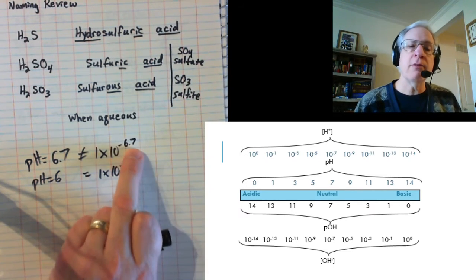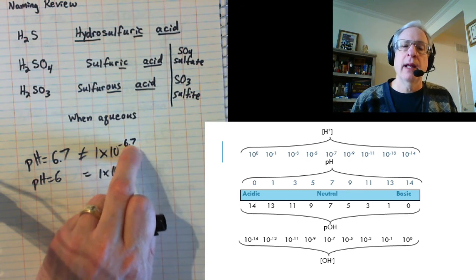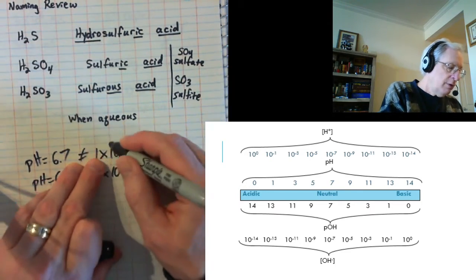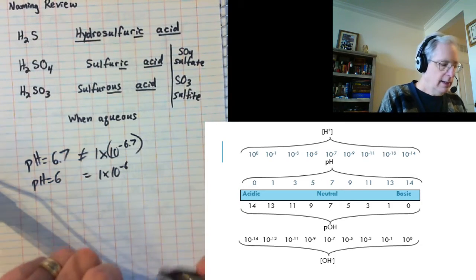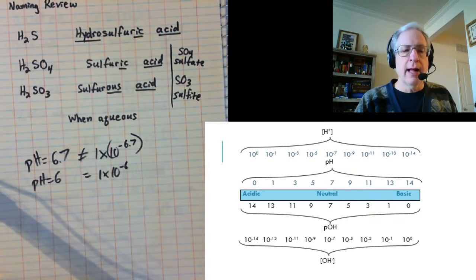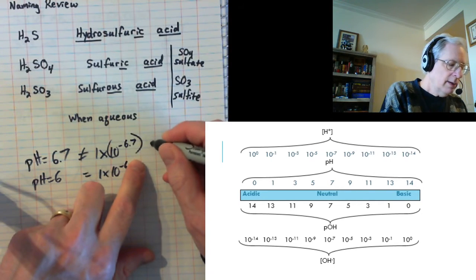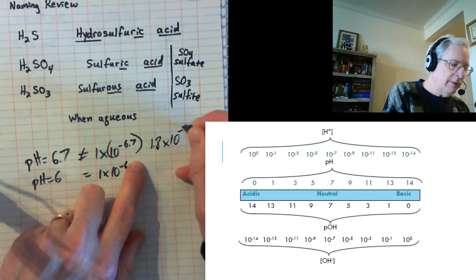And the reason for that is because we don't use decimals in our exponents. But if I was to put this into my calculator and hit enter, I don't have my calculator on me, so I don't know exactly what it would be. My calculator is going to give me some number, let's say like 1.8 times 10 to the negative 7.